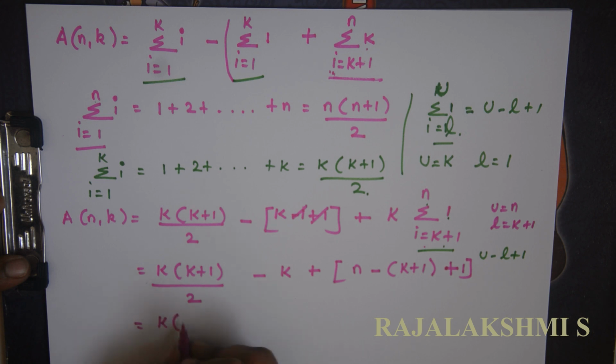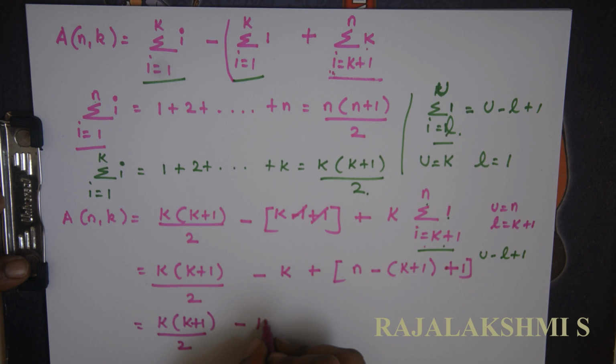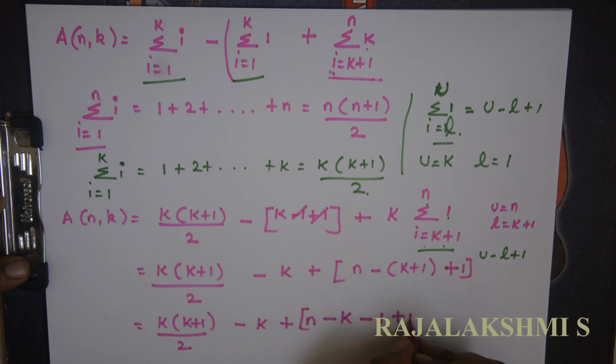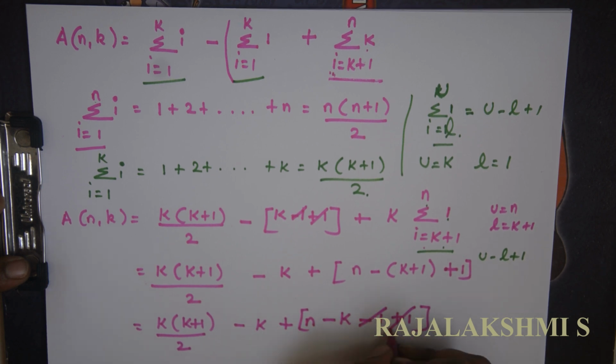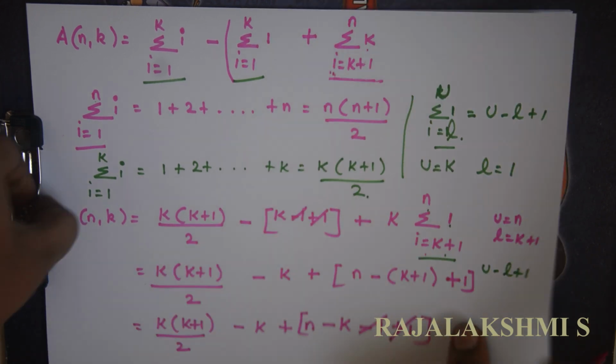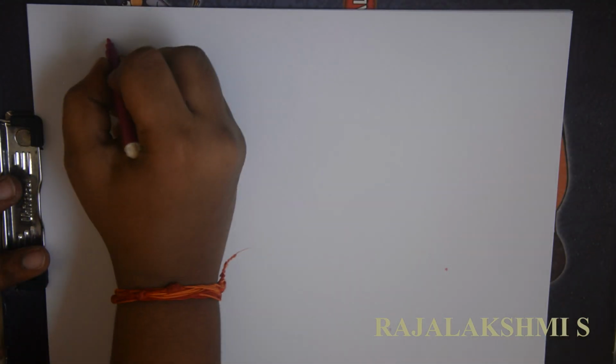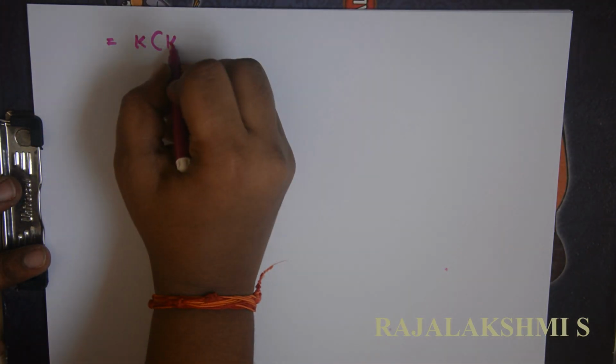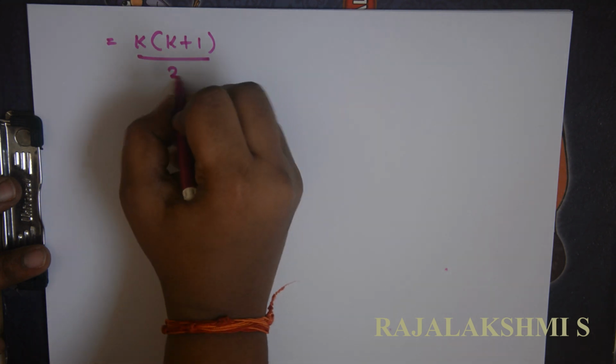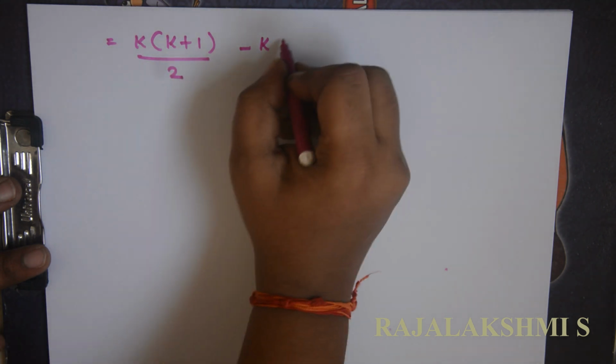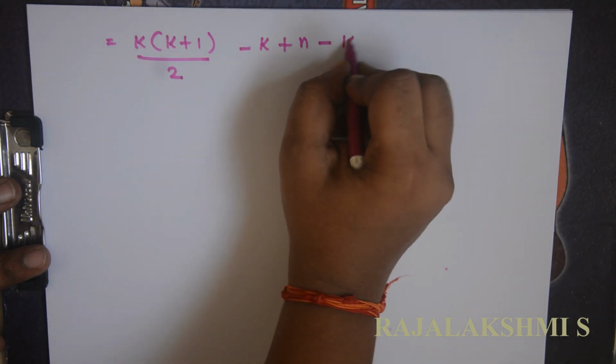So it is K into K plus 1 divided by 2 minus K plus K into N minus K minus 1 plus 1. So this minus 1 and plus 1 get cancelled.